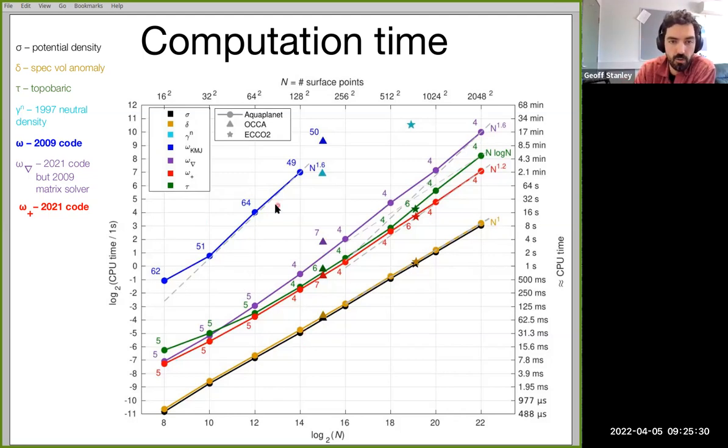Whereas the original omega code is higher up, so it's a lot slower, and its slope is larger, so it scales more like n to the 1.6. The new code, however, which we call omega plus, scales more like n to the 1.2, and that's the difference of using the LSQR solver versus the Cholesky solver. The topobaric code in green is also very fast, but it seems to scale a little worse with large grids, which is an interesting fact, actually.